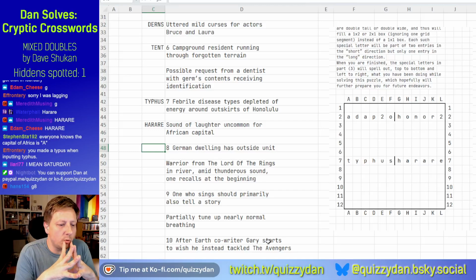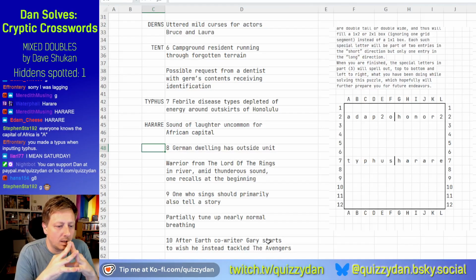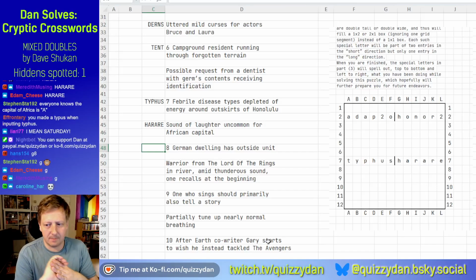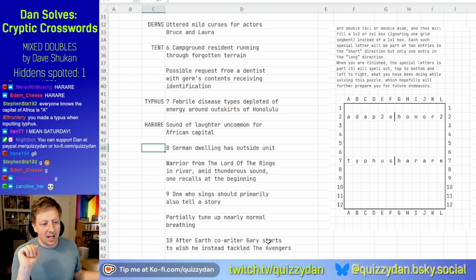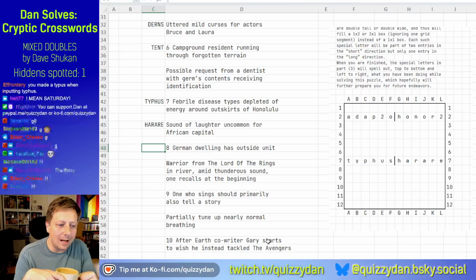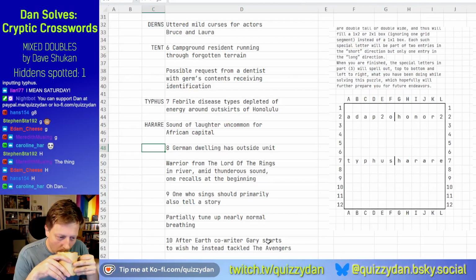German dwelling has outside unit. First letter, please. I'm not spotting this. Lots of you getting this. Is it a hidden? Mandwell, andwell, ndwell. H.